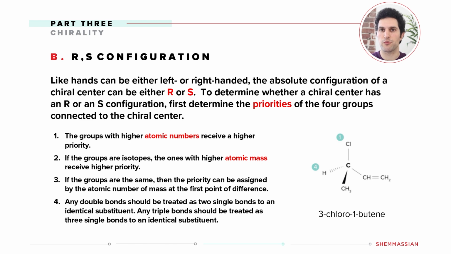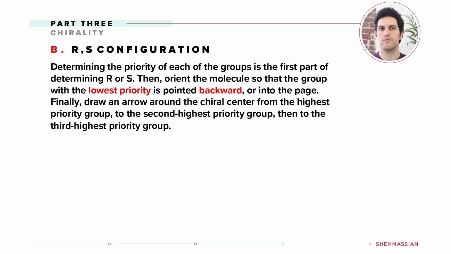The CH3 group is attached to 3 other hydrogen atoms, while the CH double bonded to CH2 group can be thought of as being attached to 1 other hydrogen atom and 2 other carbon atoms. Thus, the CH3 group receives a lower priority and will be number 3 in our example. We can see the fully prioritized molecule to the right. Determining the priority of each of the groups is the first part of determining R or S.